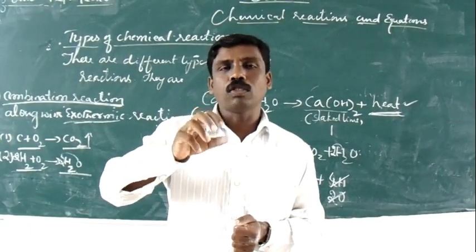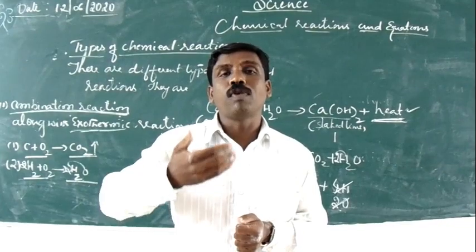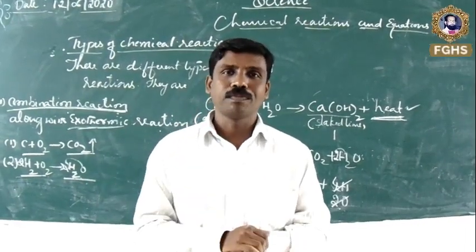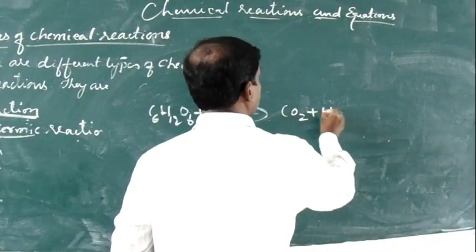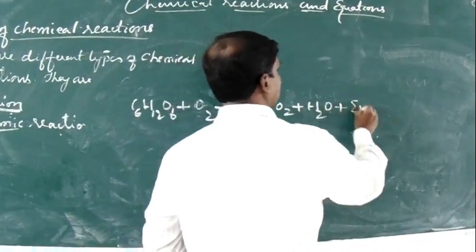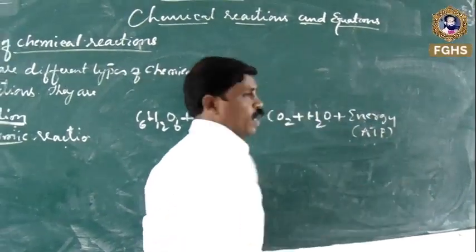These complex molecules are broken down into simple molecules in the form of glucose. C6H12O6 plus O2 gives rise to CO2 plus H2O plus energy, gradually released in the form of ATP.